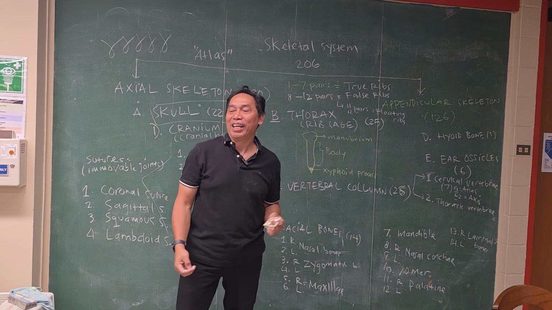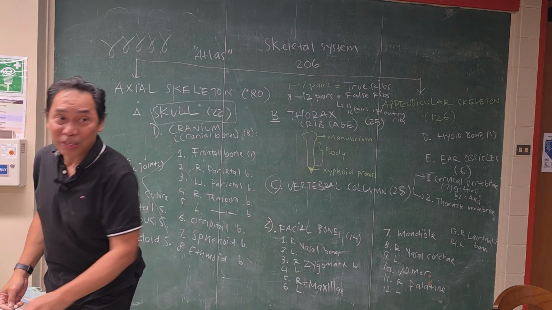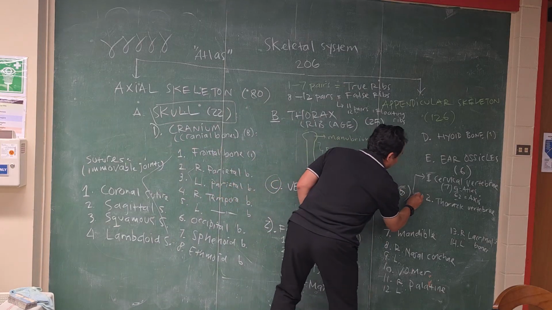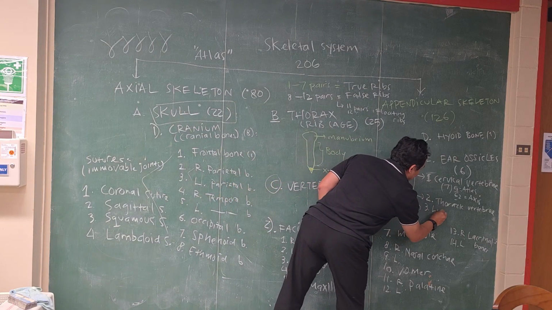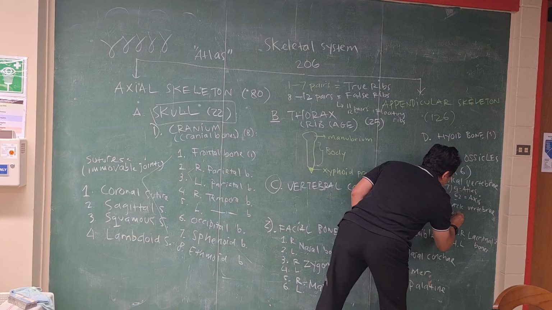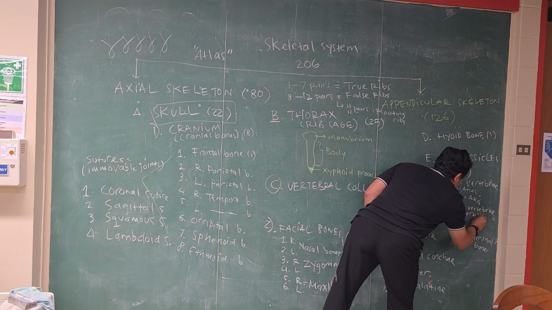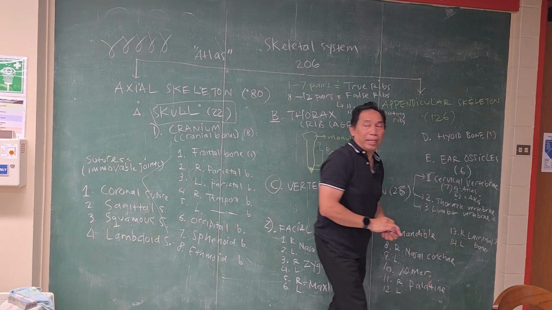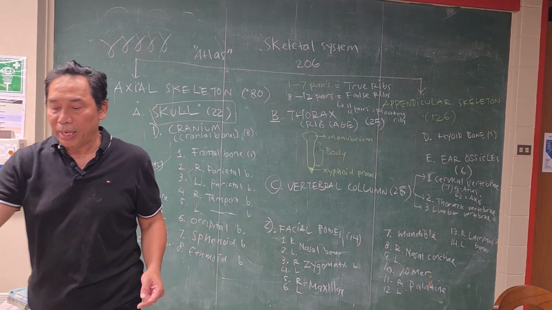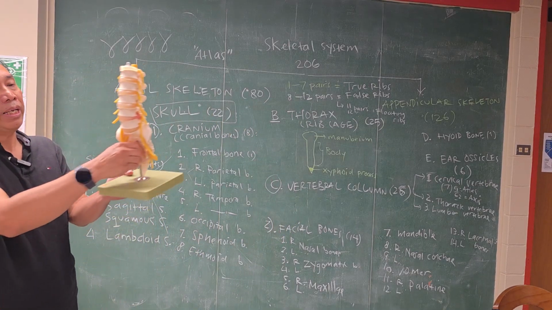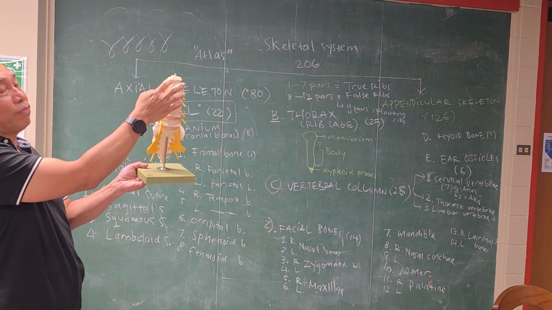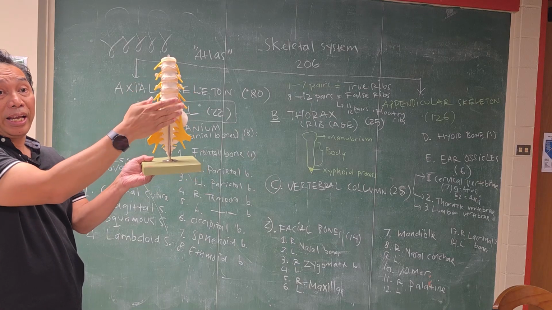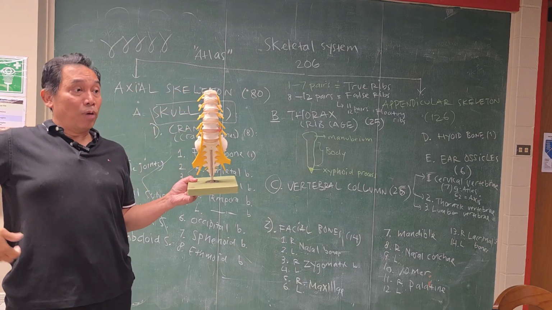Get it? All right. The next group is called the lumbar vertebrae. This is considered the biggest and thickest vertebrae in our body. Over here, 1, 2, 3, 4, 5. On the back. And this is the one that actually holds our body.